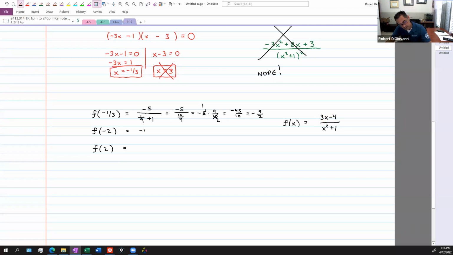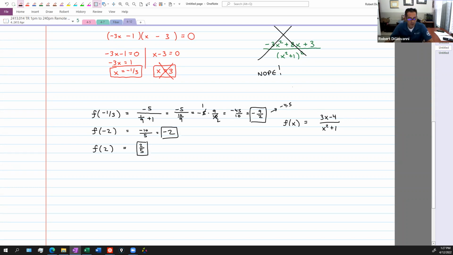That's -10 over 5, which gives me -2. And then when I plug in the +2, I get 6 minus 4, which is 2 over 5. And remember, this one is -4.5.